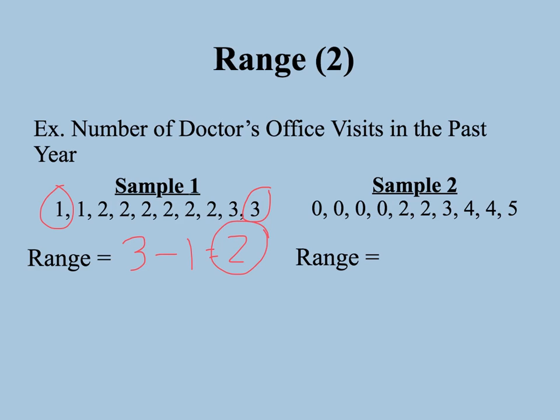In our second sample, we would identify the highest observation of 5 and the lowest of 0, and subtract the two to find the range of sample 2. If we were to compare the variability of the two samples simply by looking at the range alone, we can say that sample 2 appears to have more variability based on this range. The range can be calculated with any type of quantitative data.